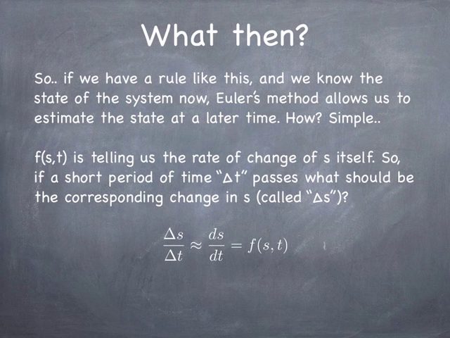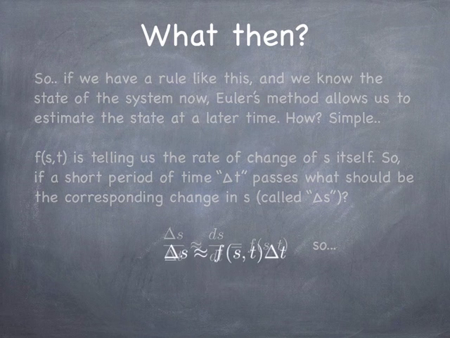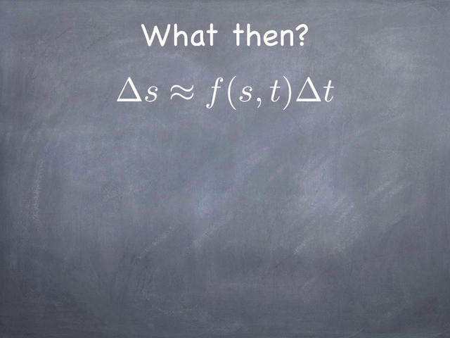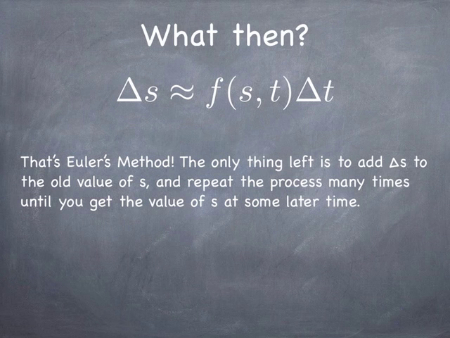And then we simply solve that for the change in S. So if we know the rule f(S, t), and we know how long that rule is in place, a short period of time, that's going to equal the change in the state. And the change in the state tells us what the new state is going to be, because if we know the state now and we know how much the state changes, then we can calculate the new state. So that's basically all there is to it. It's actually quite simple. The new state is the old state plus the change in S.